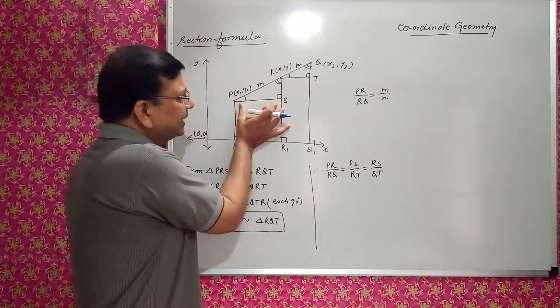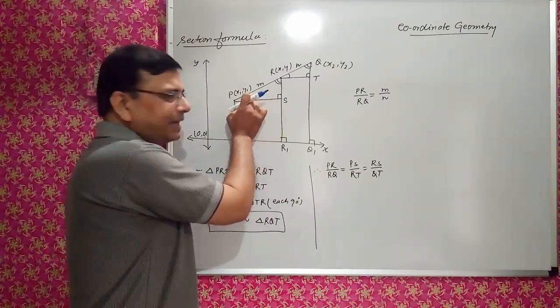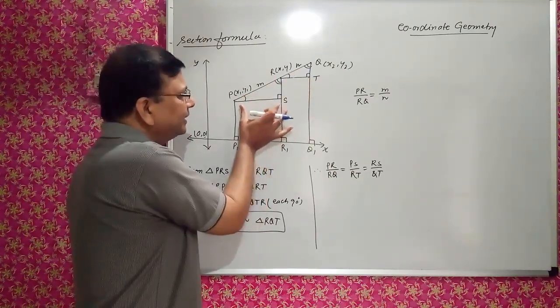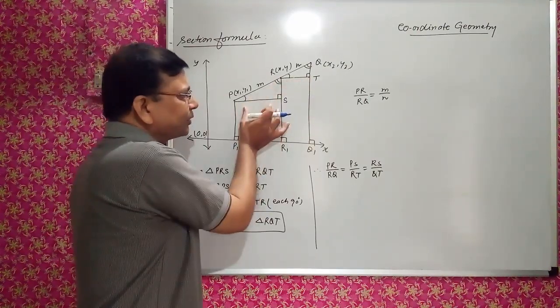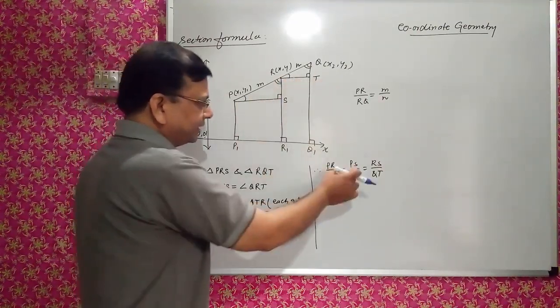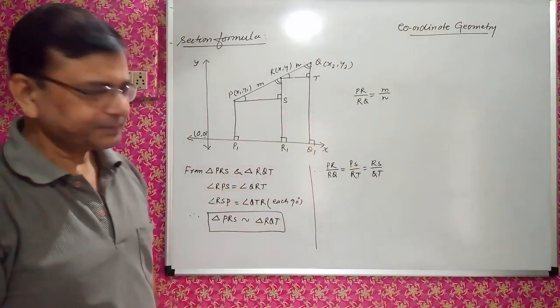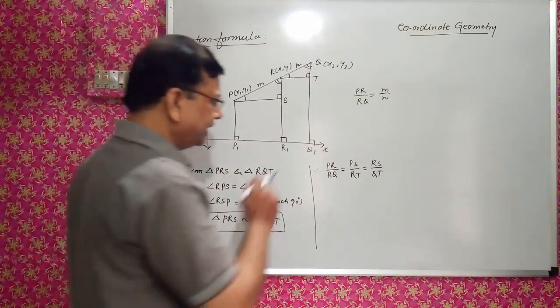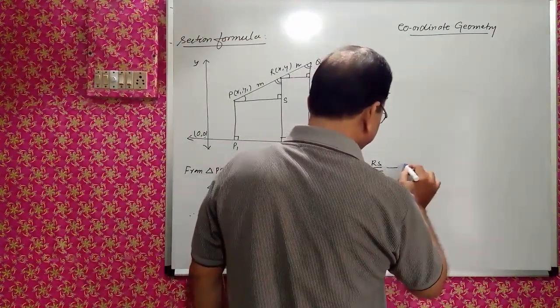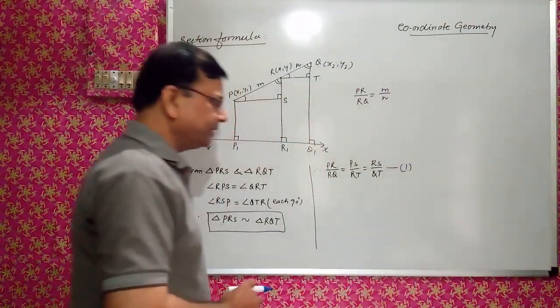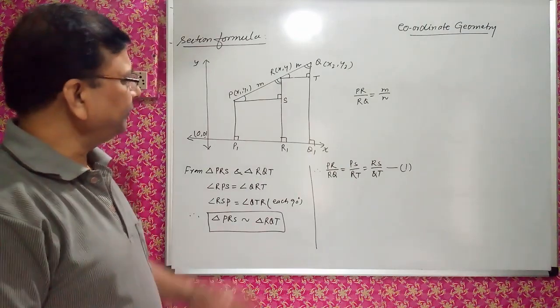Similarly, this side has a 90 degree angle and a single line angle, so these two sides are corresponding sides, so PS upon RT. Similarly, the remaining side also. So this relation is very important. Now, let this be the first equation. Then we will proceed further.